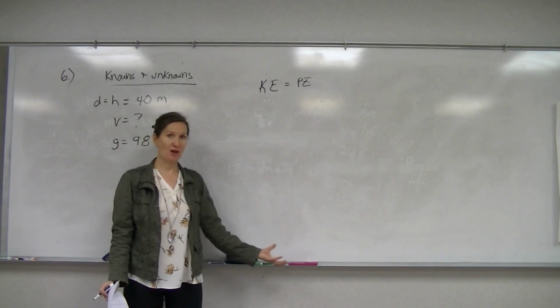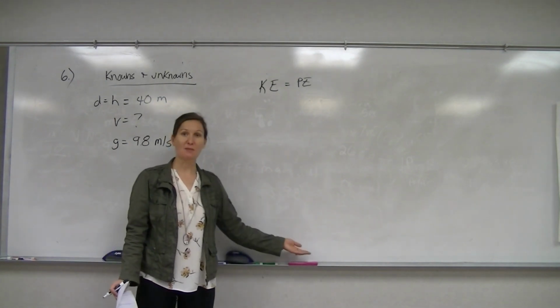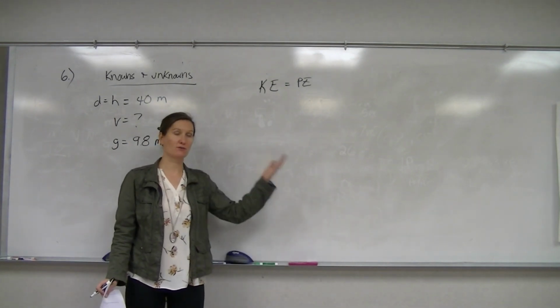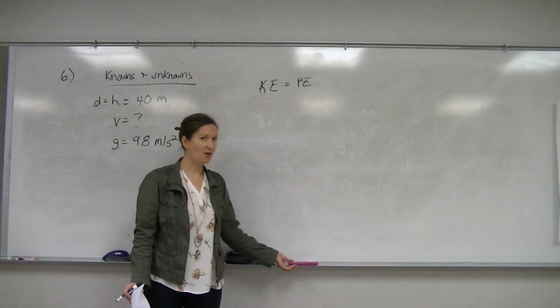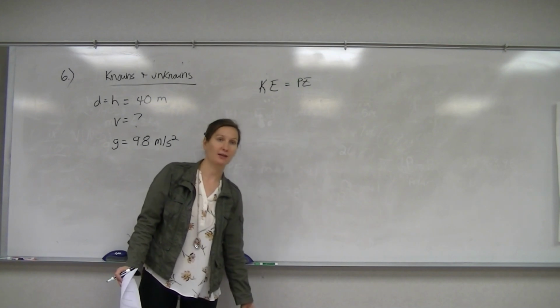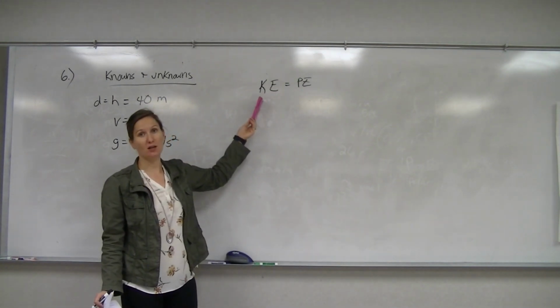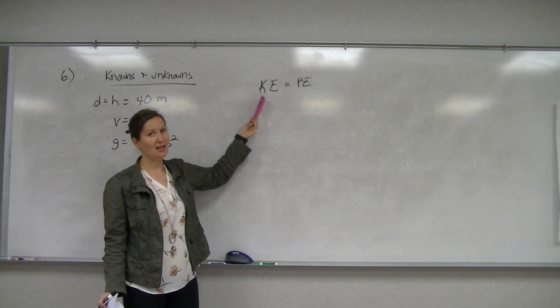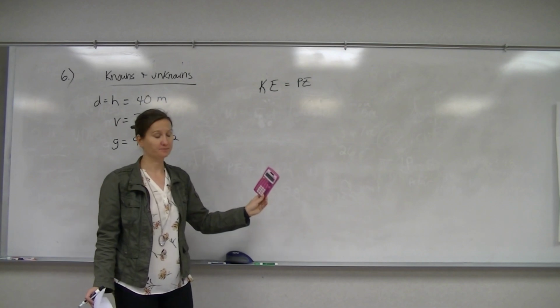So it has a certain amount of potential energy based off of how high it is off the floor, its mass, and the rate of gravity. But as soon as I knock this calculator off and it begins falling, that potential energy is converted into kinetic energy, moving energy. Kinetic energy is the object's energy when in motion.